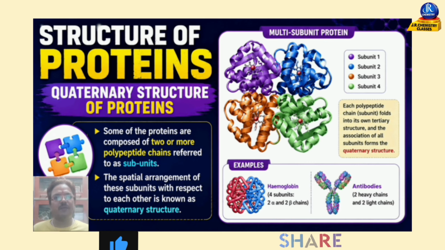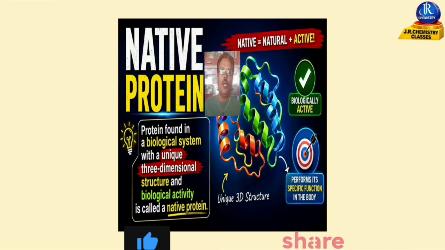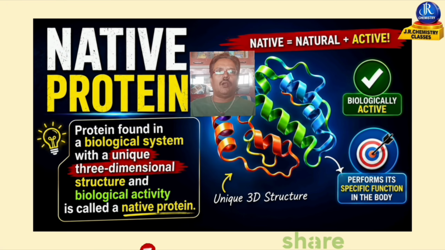The spatial arrangement of these subunits with respect to each other is known as quaternary structure. Protein found in a biological system with a unique three-dimensional structure and biological activity is called a native protein.